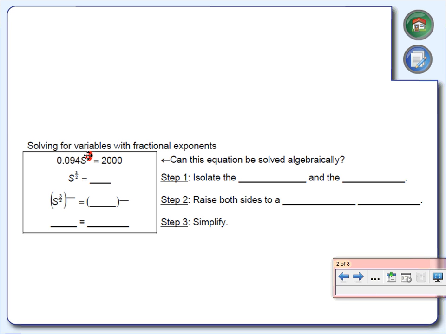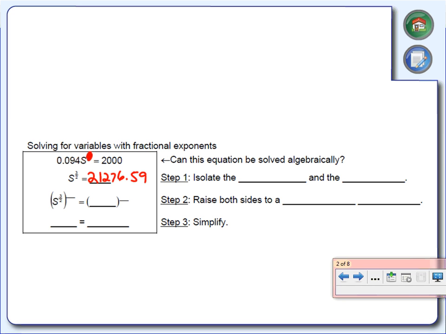Go to your calculators for me, and let's divide the 2,000 by the 0.094. This is what we would do in a typical equation. That's what we're going to do here. What do we get? And it is going to be a decimal. So what is that decimal? 21,276.59.